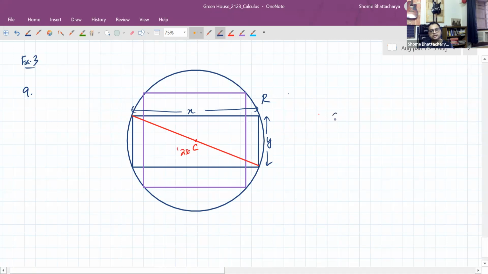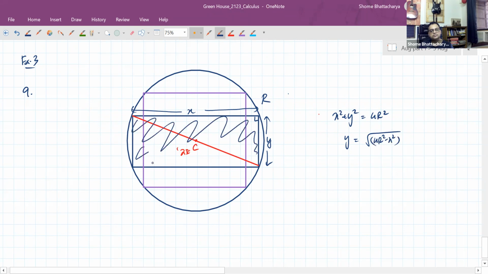We have the relation that x square plus y square is equal to 4r square, 2r whole square. So y is again square root of 4r square minus x square. So now the area of this rectangle is x into y. So the area is equal to x into square root of 4r square minus x square.